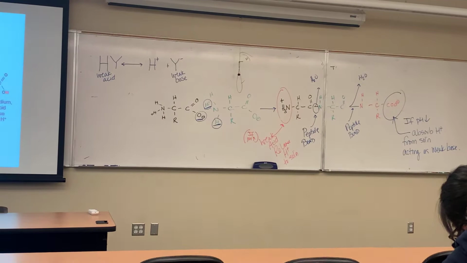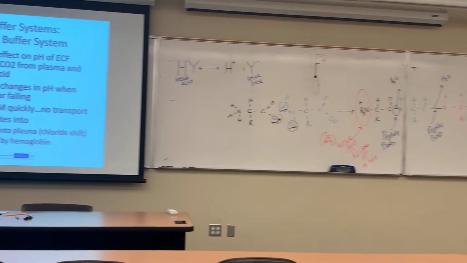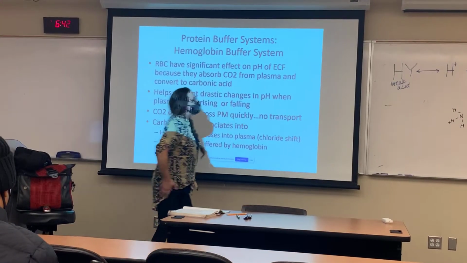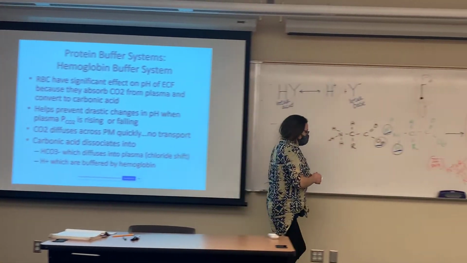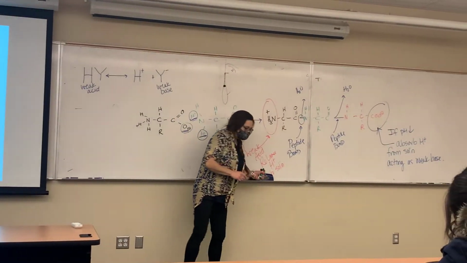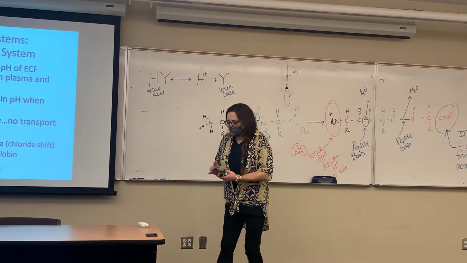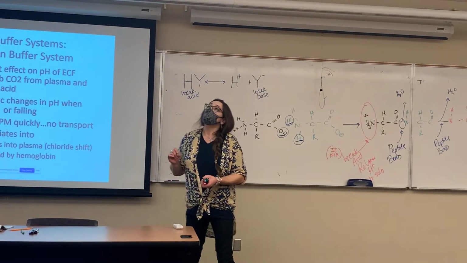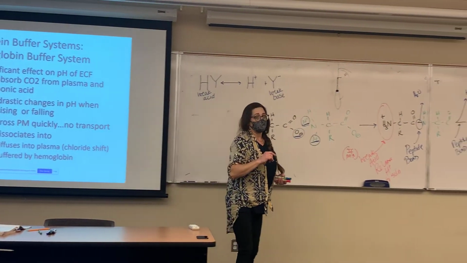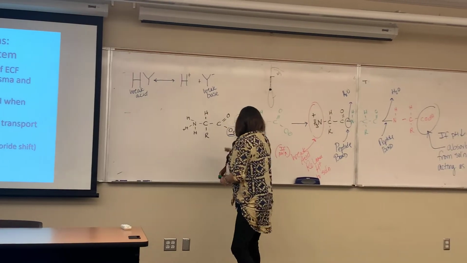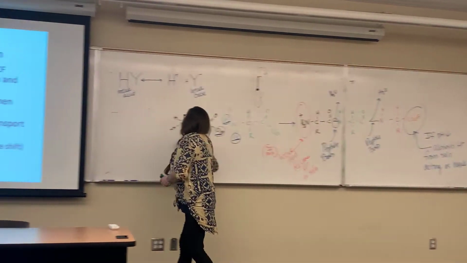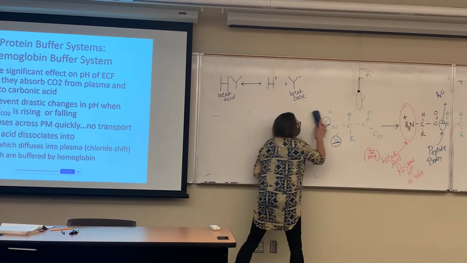So then, let's say a real quick word about hemoglobin, okay? Now, what we have learned is, if you look at your systemic capillaries, let's get rid of some of this stuff and draw this up.